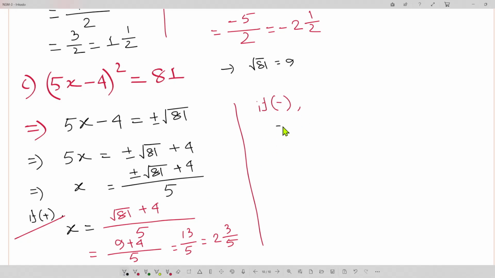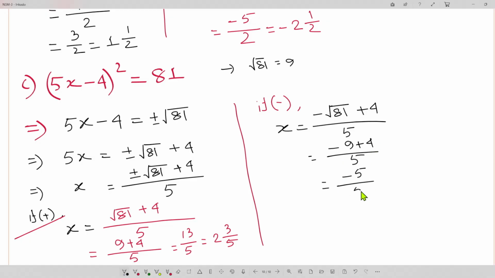If negative, then we can write x equals (minus root 81 plus 4) divided by 5. Then minus root 81 means minus 9, plus 4, divided by 5. Then minus 9 plus 4 will be minus 5, divided by 5.